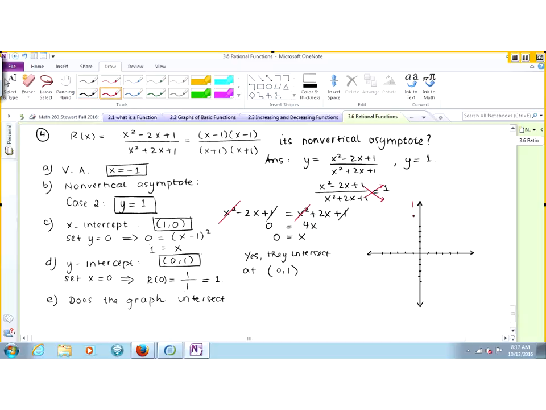Okay, so I only have one asymptote, x equals -1, so it's right here. And then y equals 1. All right. So this is y equals 1.